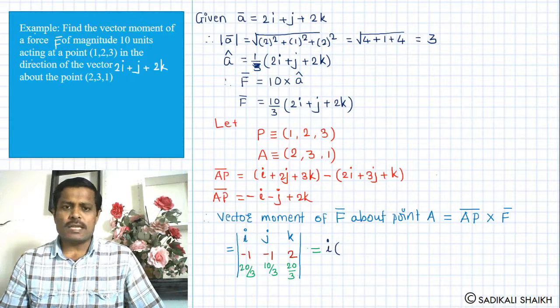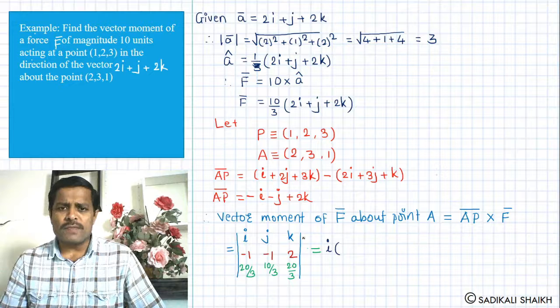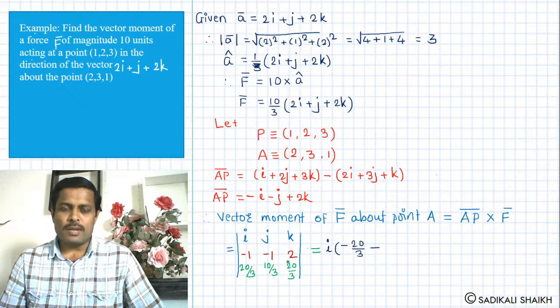Now you just ignore the first row and first column from this determinant. You can observe these 4 entries in the determinant. You take the product in this direction first, so it will become minus 20 by 3. Use the minus sign, come here again, and you multiply in this way. So it is again 20 by 3.